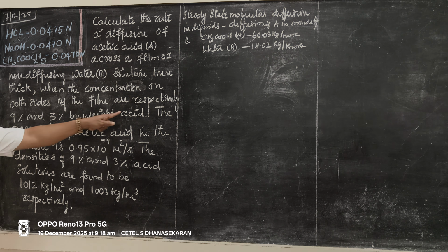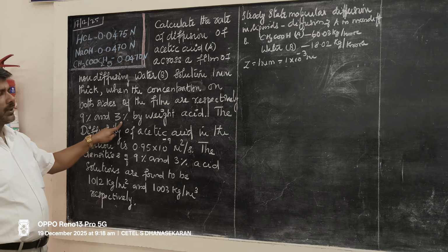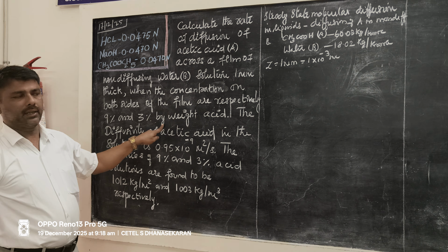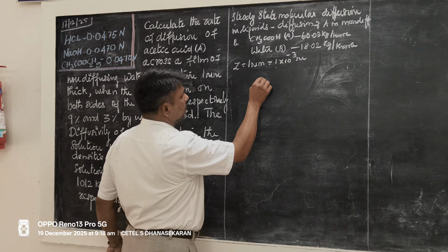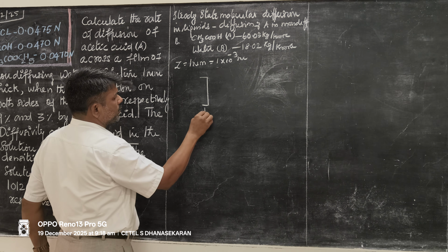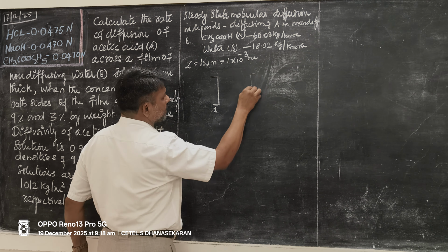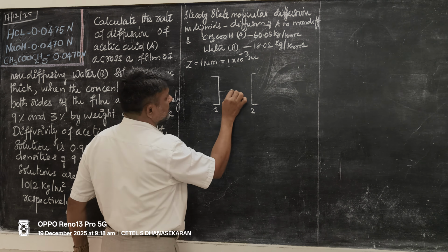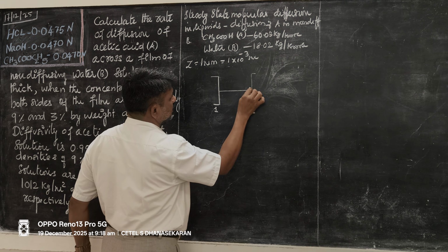The concentrations on both sides of the film are respectively 9% and 3% by weight. This is location 1, this is location 2. The film thickness is 1 into 10 to the power of minus 3 meter.